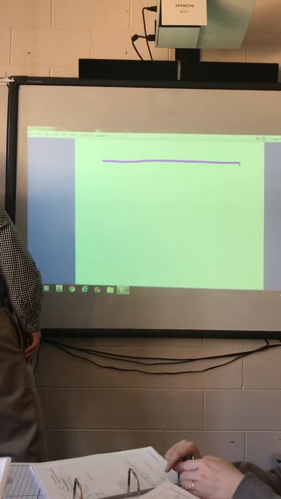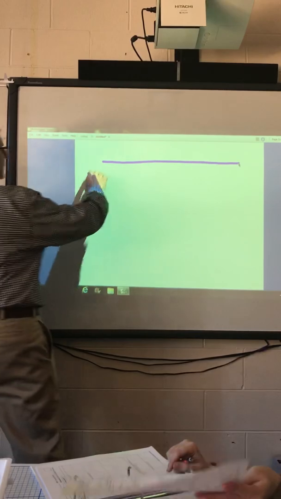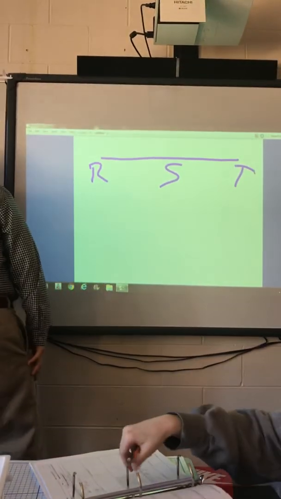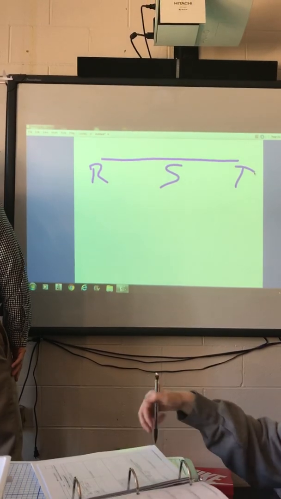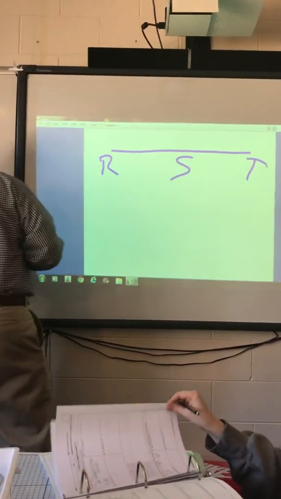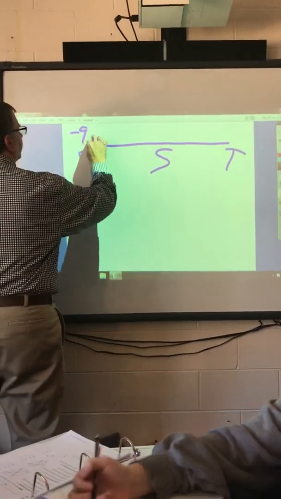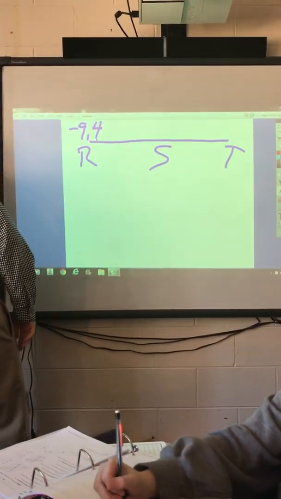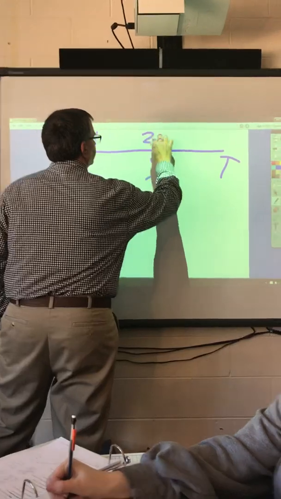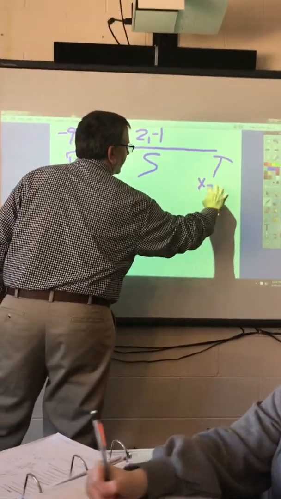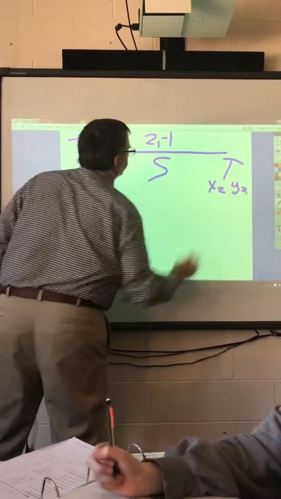I have R, S, and T. R is negative 9 and 4. S is the midpoint, 2 and negative 1. And I got to find T, which is going to be x2 and y2.